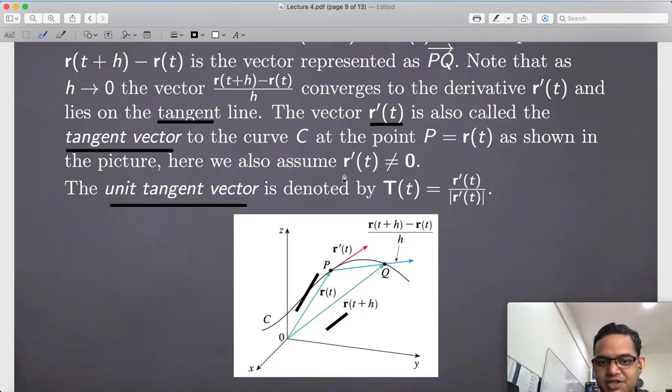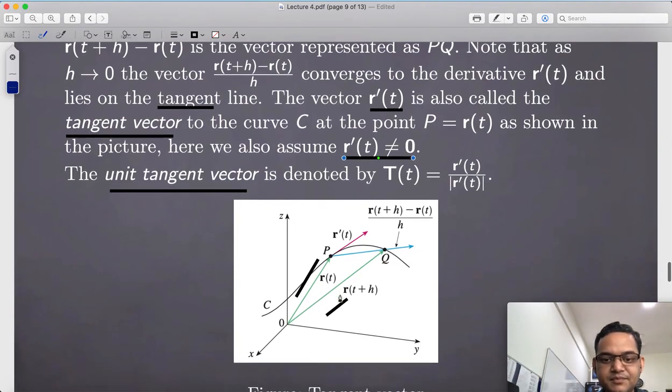Here you have to assume that r prime t is non-zero, otherwise we won't have a direction if it is a zero vector, and this won't make sense. So r prime t is nothing but the tangent vector, or the direction of the tangent line. Geometrically, you can keep this in mind.